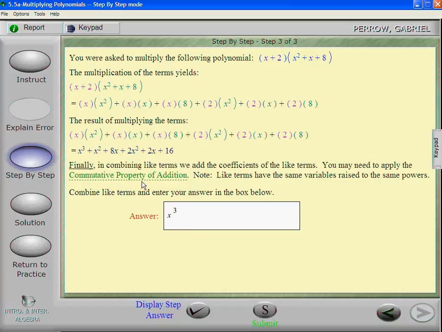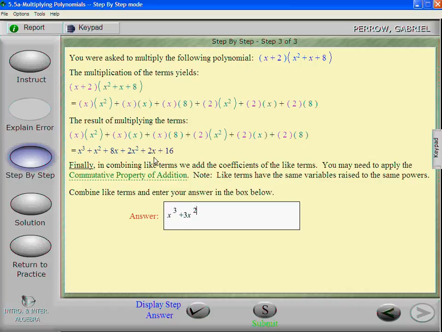Okay, it has to be the same variable combination raised to the same powers. X cubed, look at the x squared terms. X squared and 2x squared. How do you combine those together? The numbers out front, the coefficients, are the values that you combine together through addition or subtraction. So 1x squared and 2x squared, you're going to have a plus 3x squared.